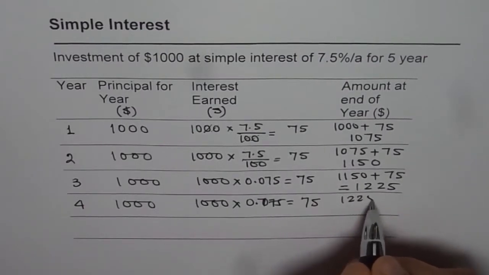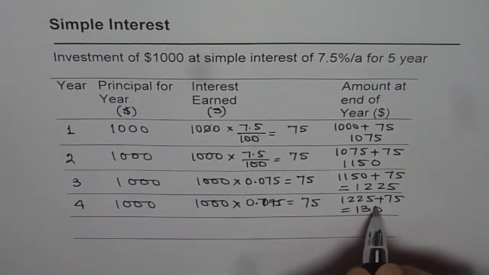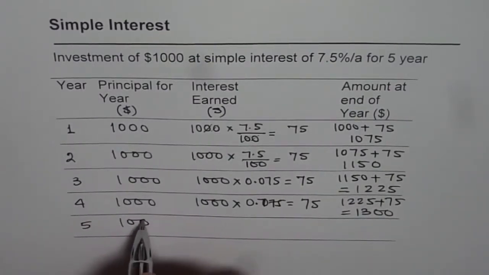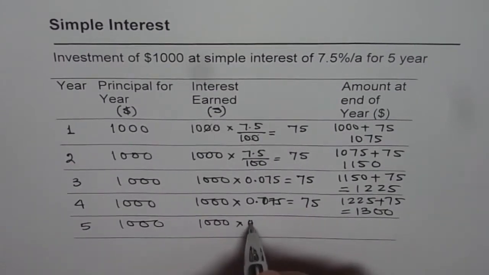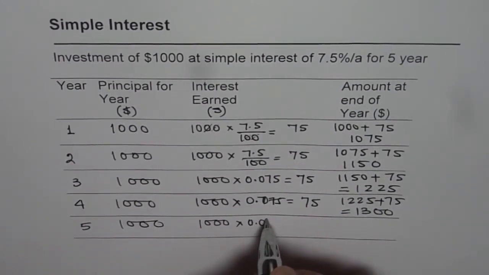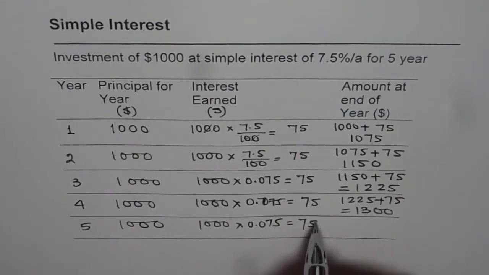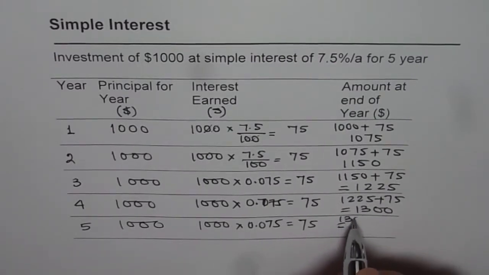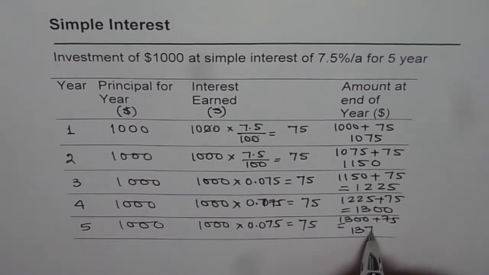So $1,225 plus 75 gives you a value of $1,300. Again, we have $1,000 as the principal amount, and $1,000 earns interest at the rate of 0.075 or 7.5%, that is $75. And so the total amount will become $1,300 plus 75, or $1,375.